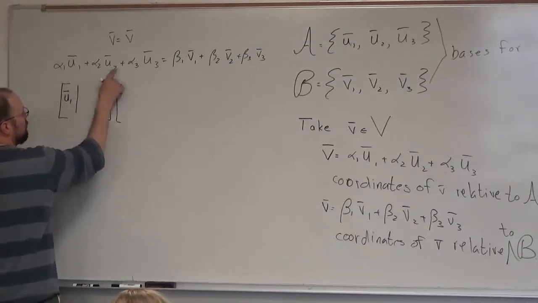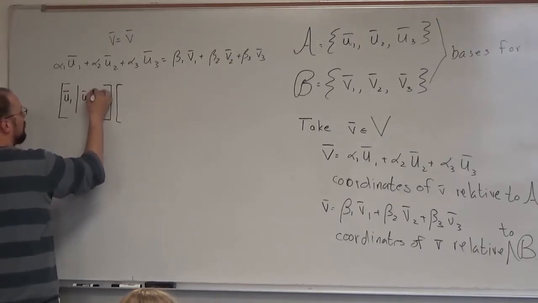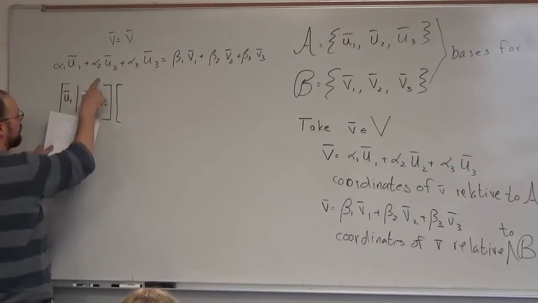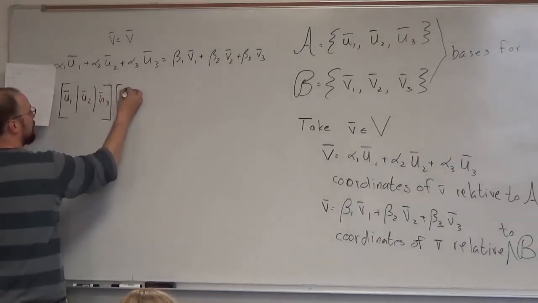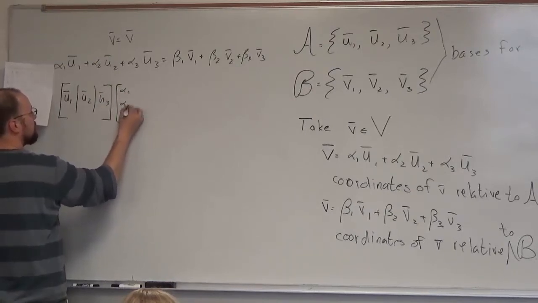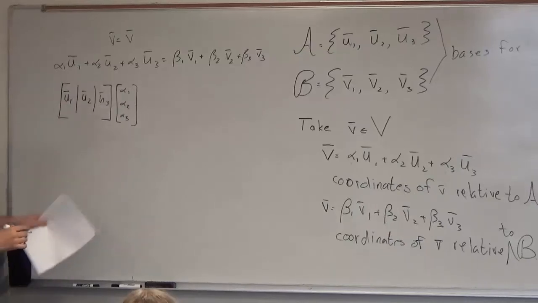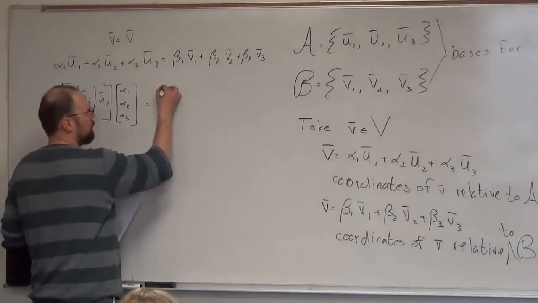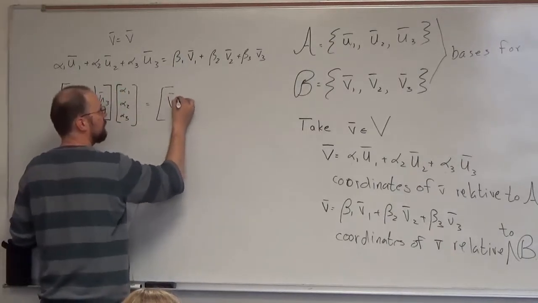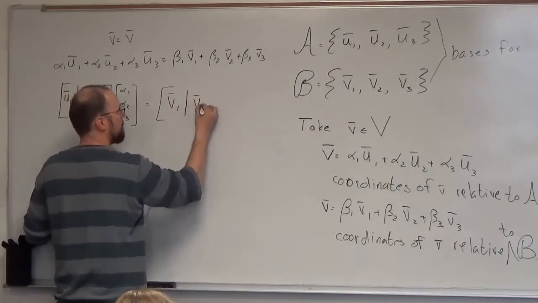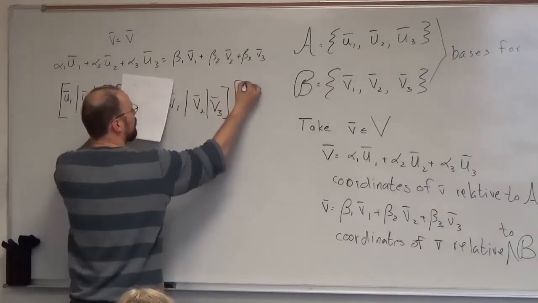The linear combination of these column vectors is exactly the matrix multiplication of the matrix consisting of the columns U1 through U3, times the vector whose entries are these coefficients. So that's the left-hand side. And on the right side, again, I'm sticking these vectors V1, V2, V3 into columns of the matrix, and then the entries.